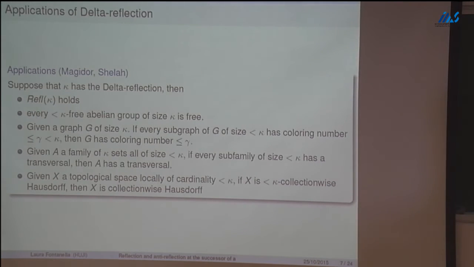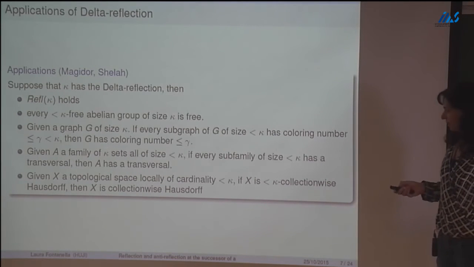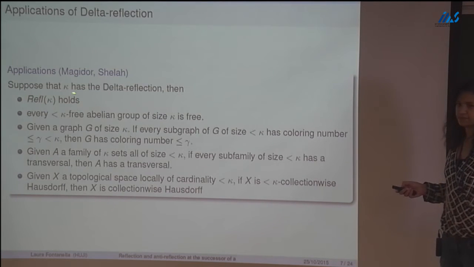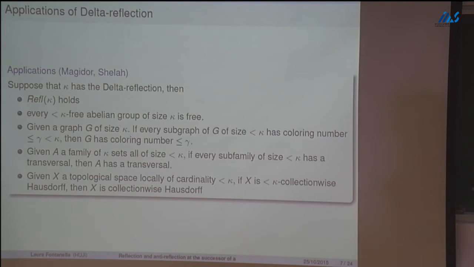It implies several compactness properties or reflection properties at once. So for a start, it implies the reflection of stationary sets, but this is pretty obvious, and also it implies directly compactness for being free.